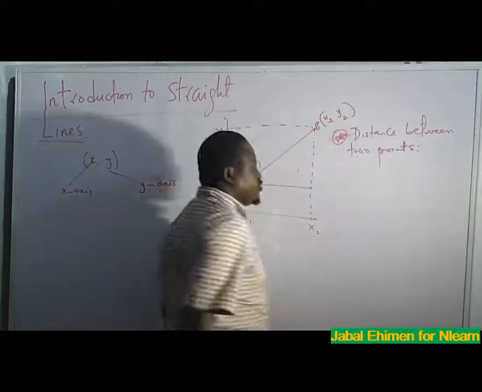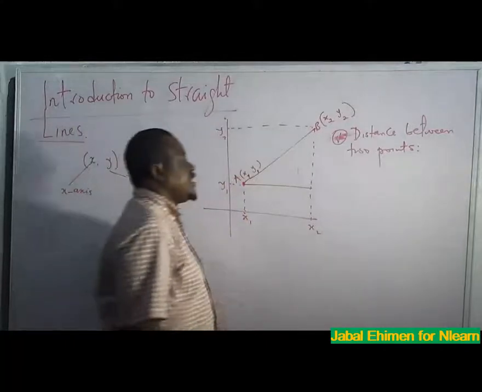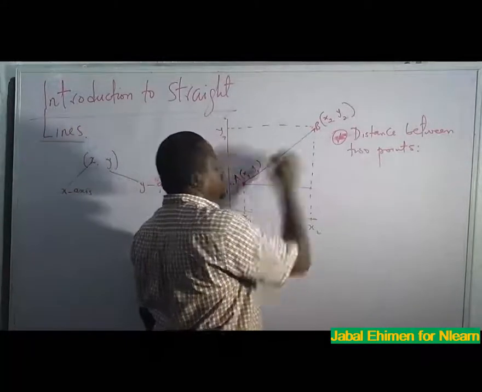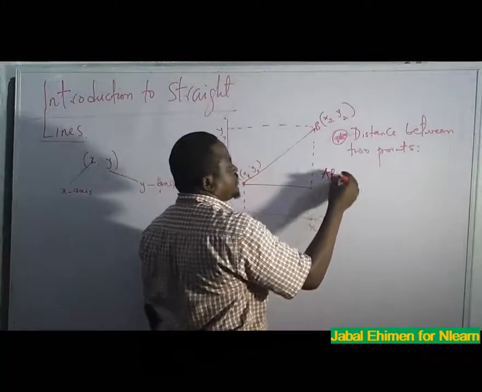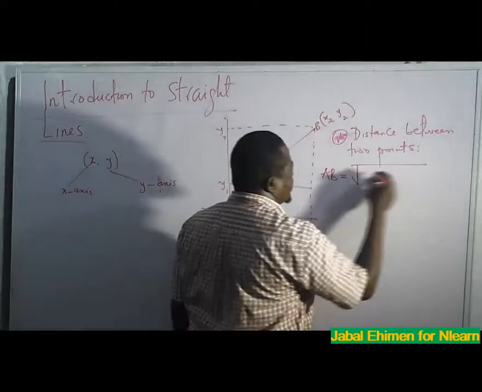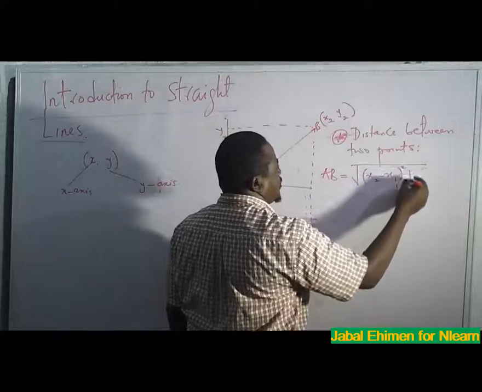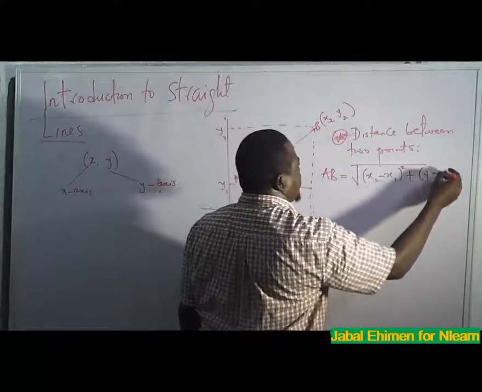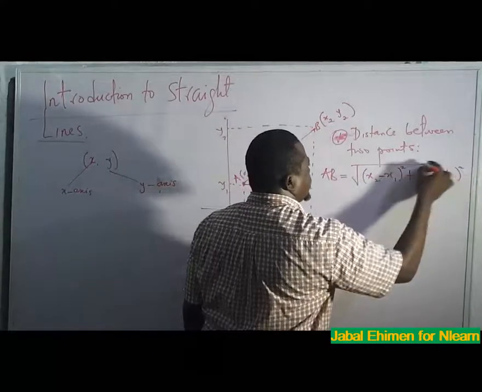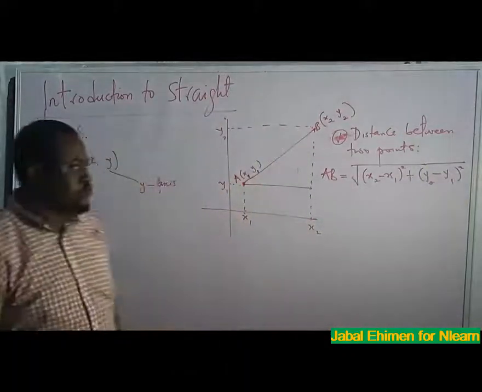Let me get the distance between 2 points. The distance between 2 points here is given as point A and point B. The distance between these 2 points is given as square root of x2 minus x1 squared plus y2 minus y1 squared. I can have that as distance between 2 points.